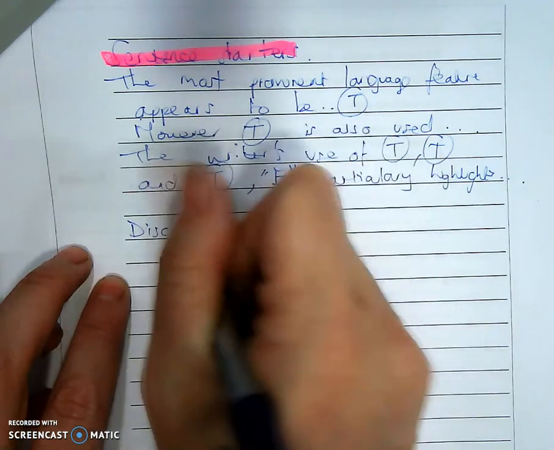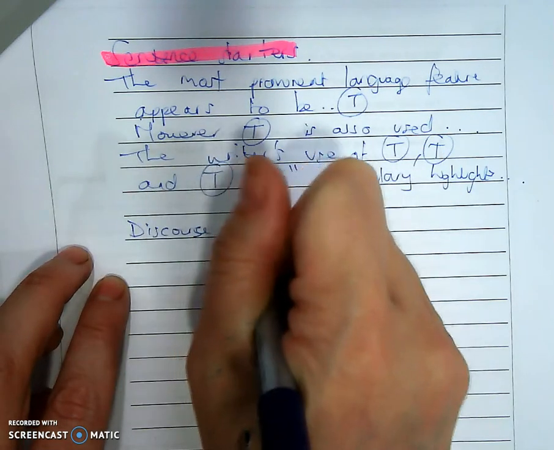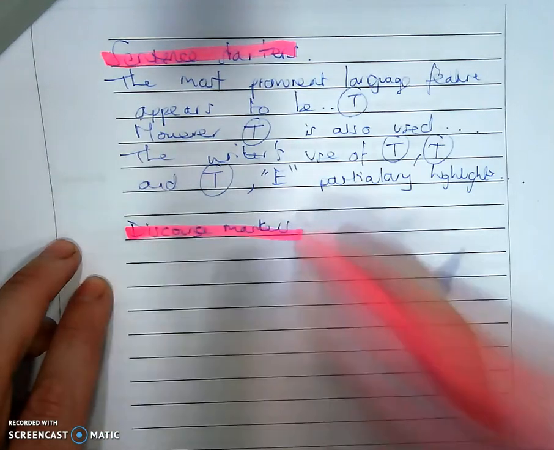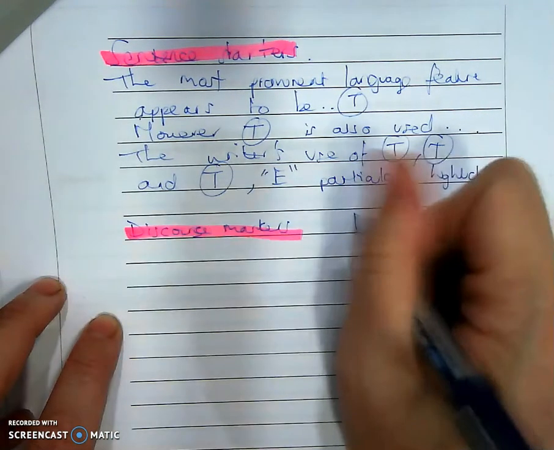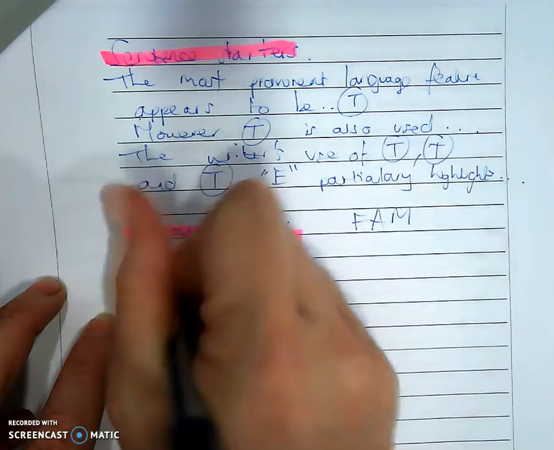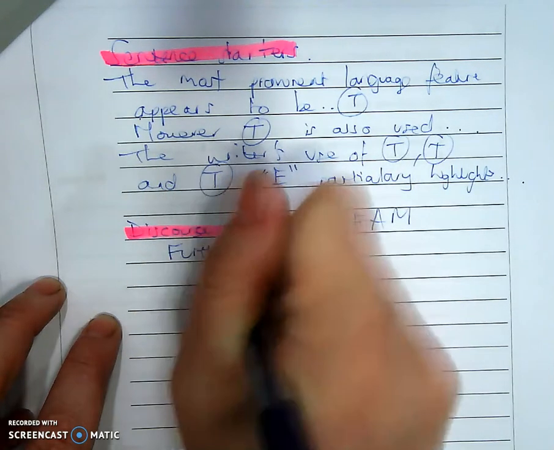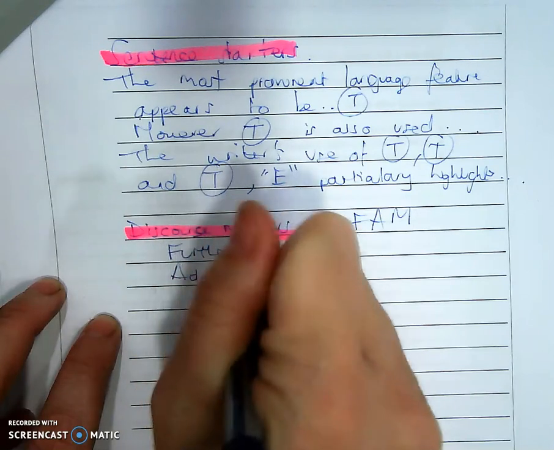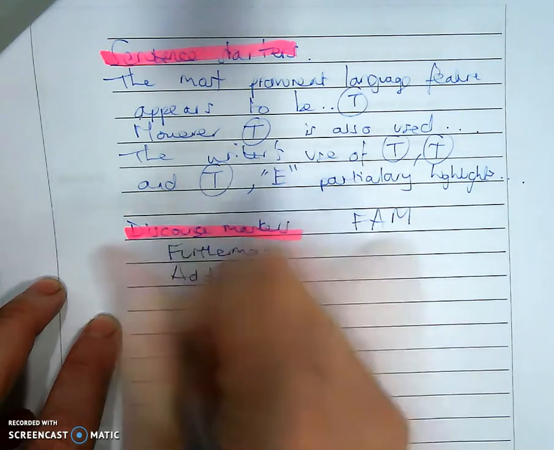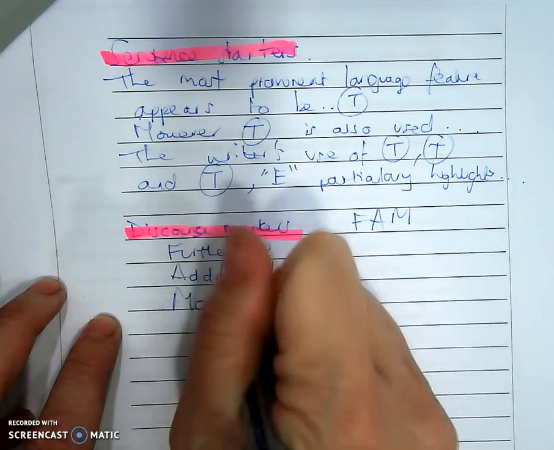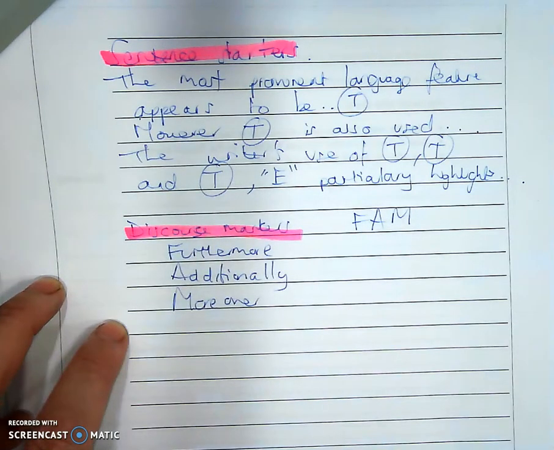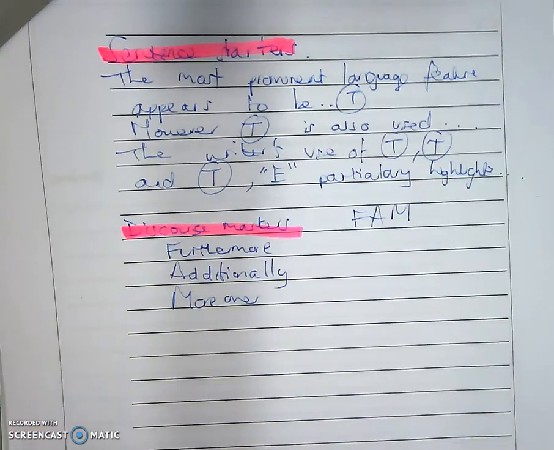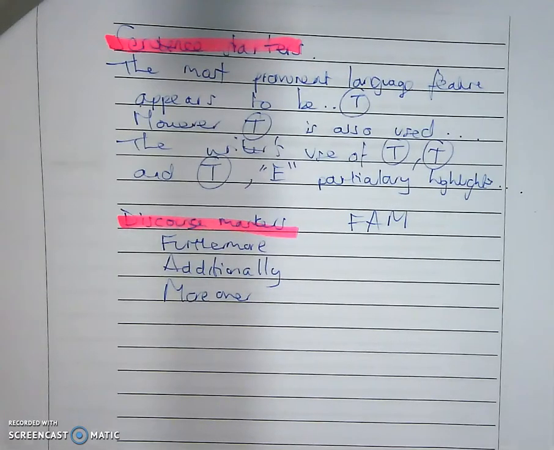Try and avoid saying another way that the writer does this, another way that the writer does that. Think furthermore. Think additionally. Think moreover. So furthermore the writer, additionally the writer, moreover the writer. Just a little bit of advice there for the style that you're using.